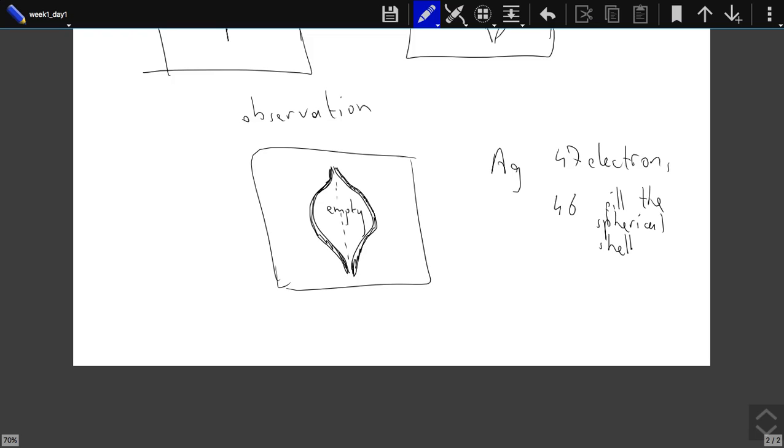So their net spin is 0. So their net total magnetic dipole moment is 0. But there is this additional electron. That gives the silver atom its spin. It should be in the 5s.